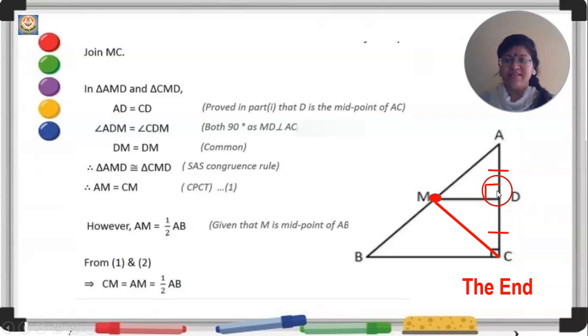Then look at this angle and this angle out here. That is angle ADM is equal to angle CDM equal to 90. Now we have already proved MD is perpendicular to AC. And then DM is a common side for both the triangles, DM equal to DM.